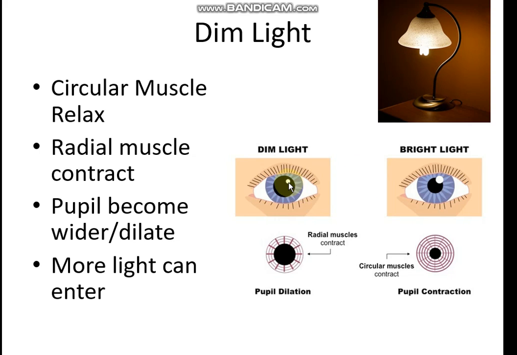So in order to increase the size of the pupil, the radial muscle will contract. Once the radial muscle contracts, the circular muscle will relax. As a result, the pupil is dilated, which means more light can pass through the pupil and you will be able to see in the dim light.